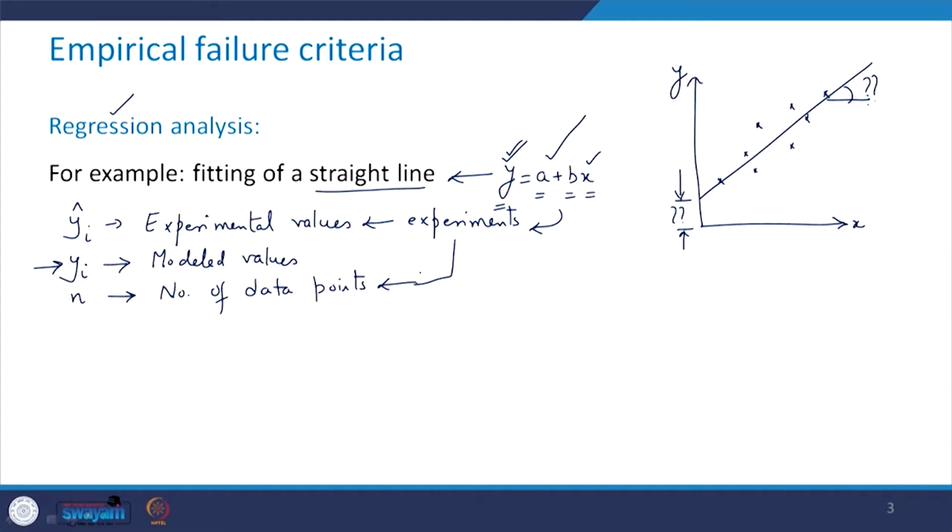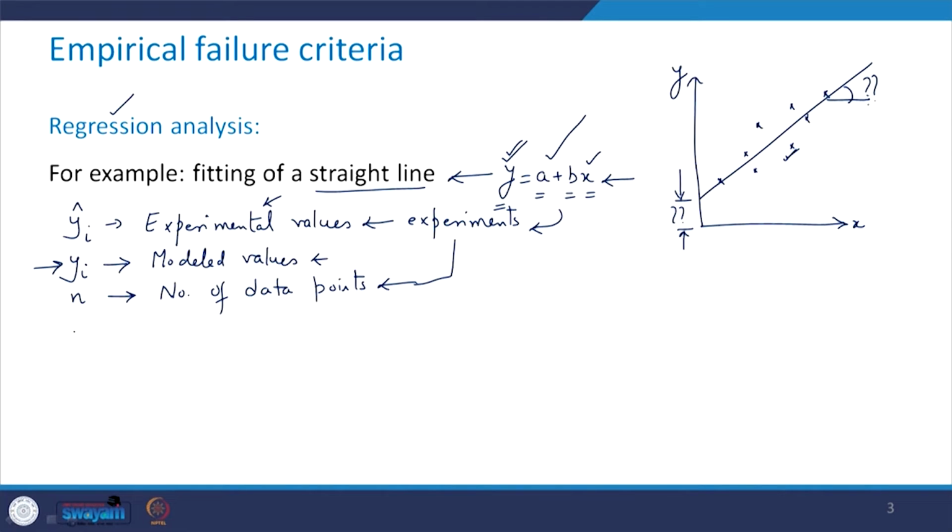Now when can I say that this model will be perfectly fitting these experimental values? When the error between the experimental value and the model value is minimum.